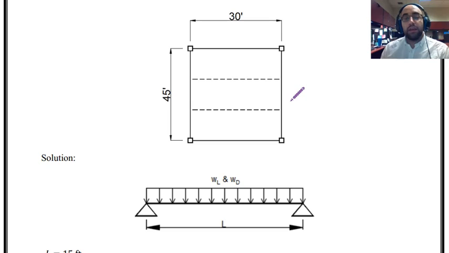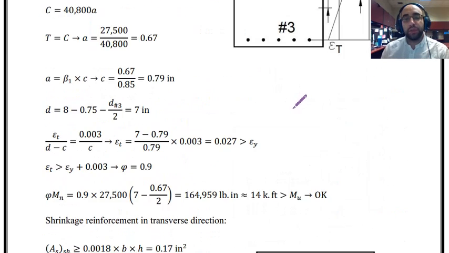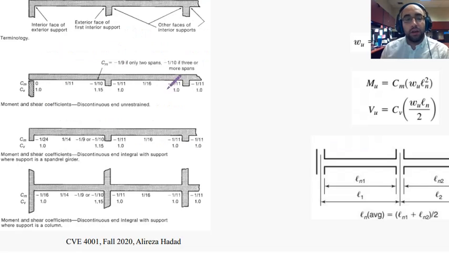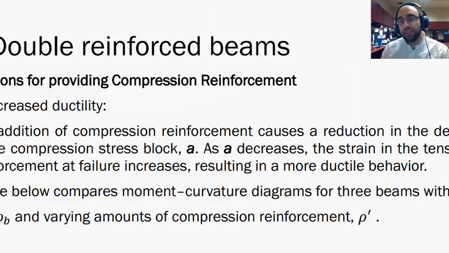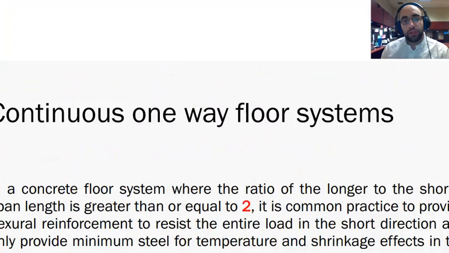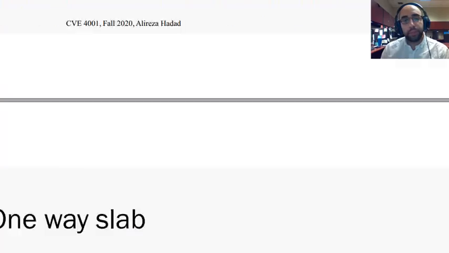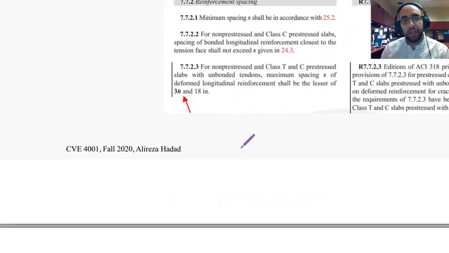And for taking care of shrinkage, we need to add shrinkage reinforcement. As you remember in the discussion that we had for slab design, we talked about shrinkage reinforcement that should be over here.